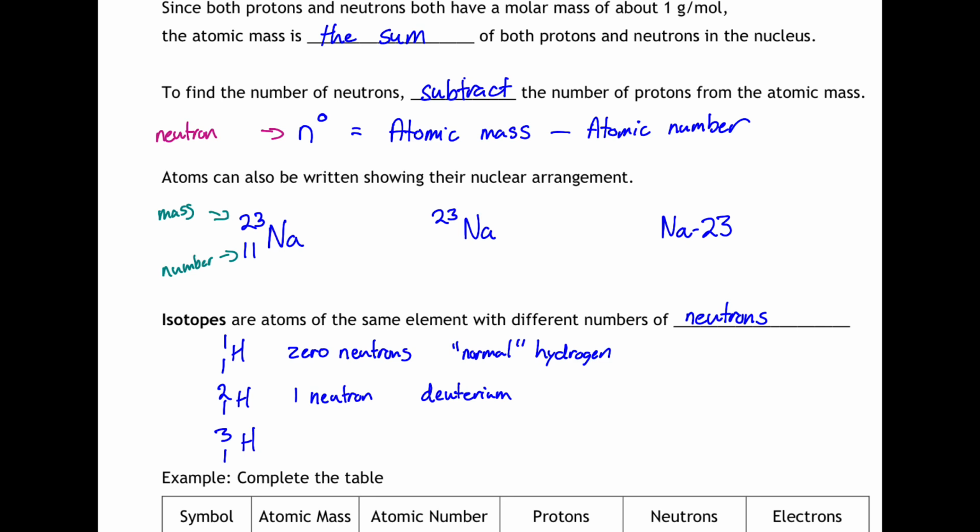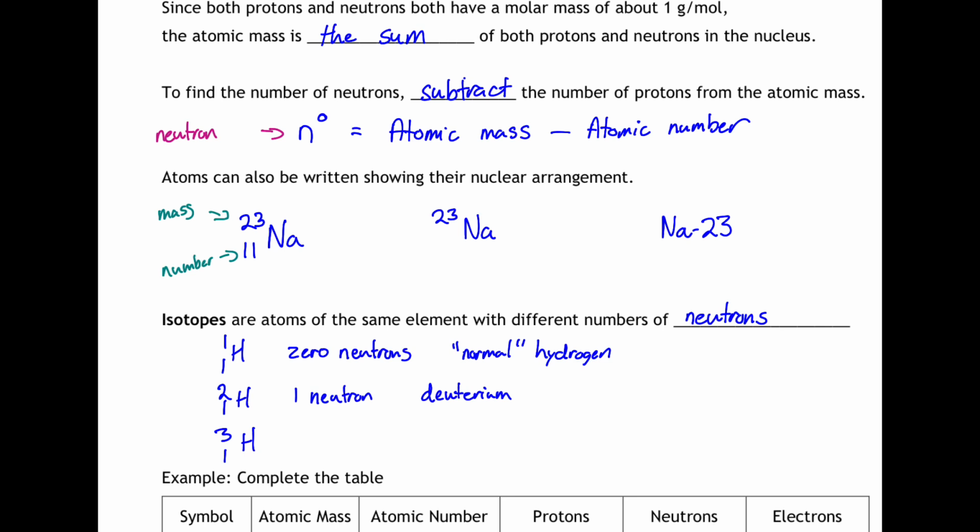And they use this particular compound in nuclear reactors. If you make water with this kind of hydrogen instead of regular hydrogen, you get something called heavy water. It's got a mass of 20 instead of 18.